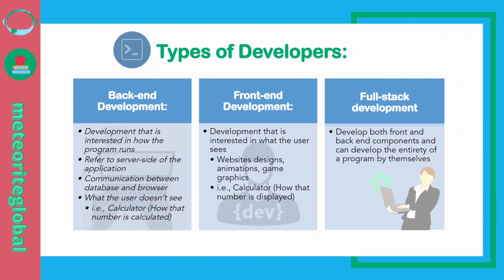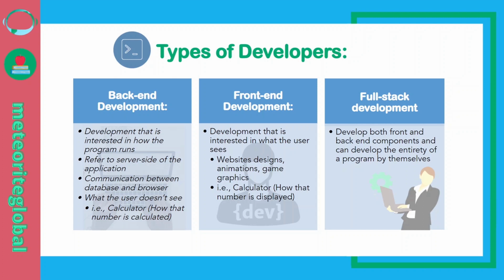In that example of the wall, the decoration you do on that wall, like the paints and wallpaper and all of the things, that's front end development. In the case of that calculator, how that number is being displayed, maybe in what color, is it center aligned, left aligned, right aligned, all of those things are front end development.